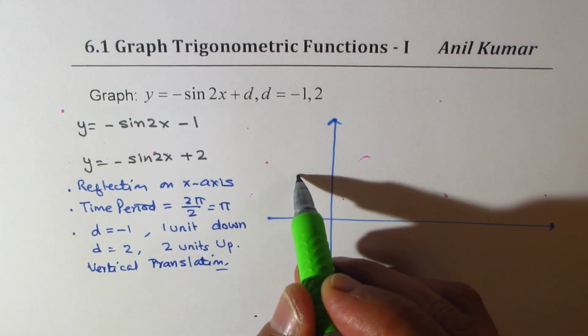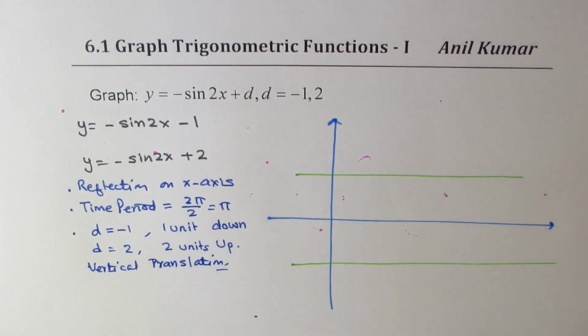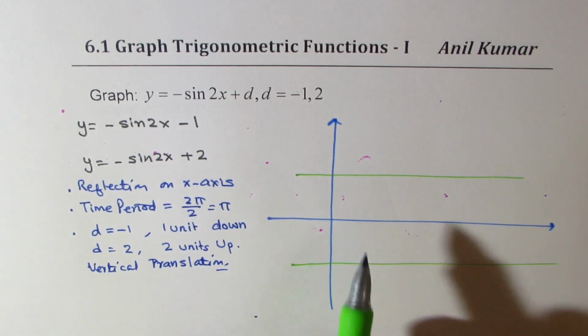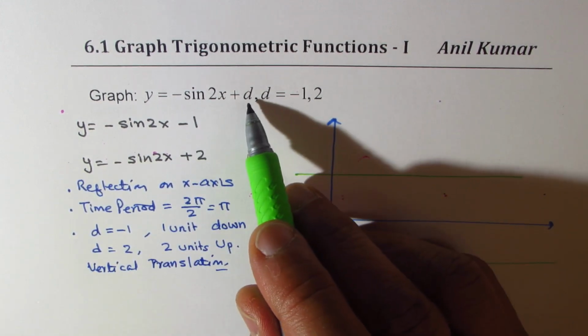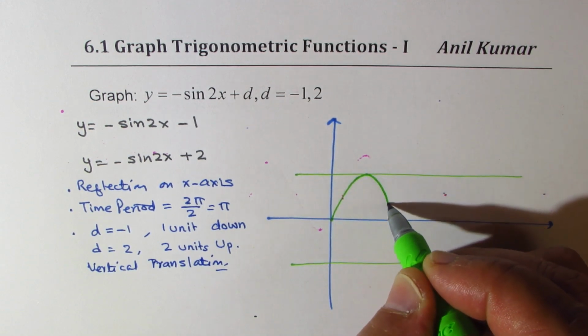Amplitude being 1, right? So we'll just maintain the amplitude as 1. Axis for the default is sine x. So the default wave sine 2x, where d is 0, could be like this. Let's say this.